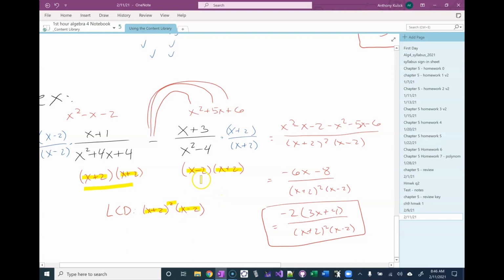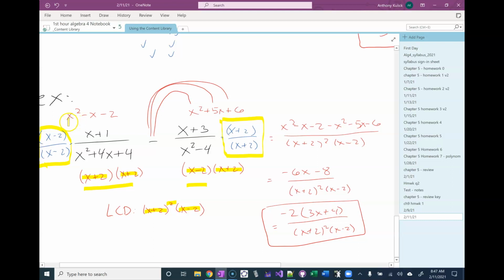And then x minus 2 to the first, because the only place x minus 2 occurs is one place, one time. So the first denominator had 2 x plus 2's, but it didn't have an x minus 2. The second denominator had 1 x plus 2, but it didn't have the second x plus 2, and it already had the x minus 2.